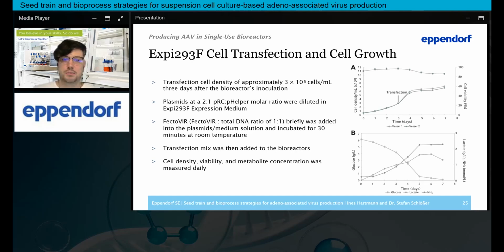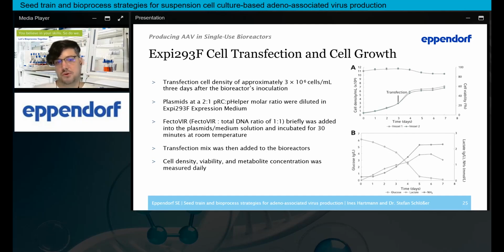And hereafter, they were mixed with the transfection reagent, so FectoVIR, in a ratio of 1:1. And then after incubating it for 30 minutes at room temperature, the whole transfection mix was added to the bioreactor. And then the process was further observed.